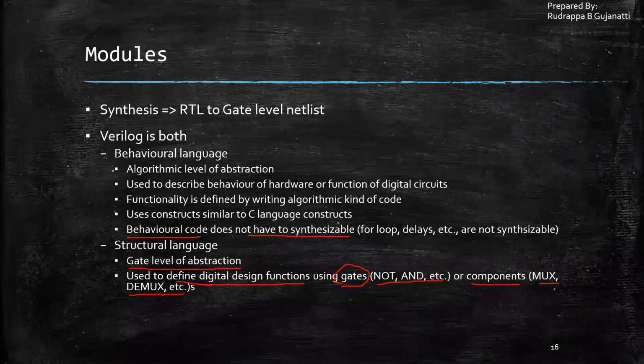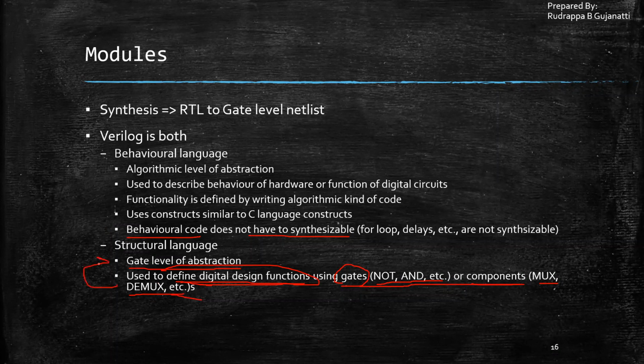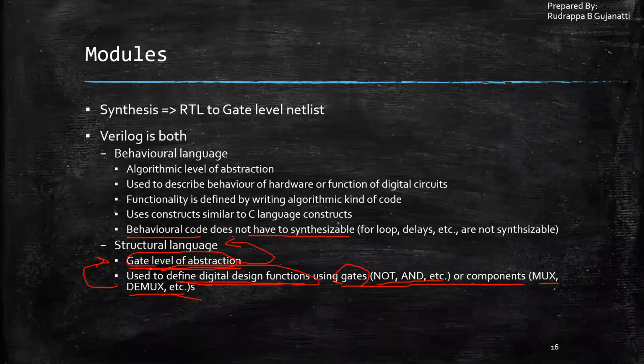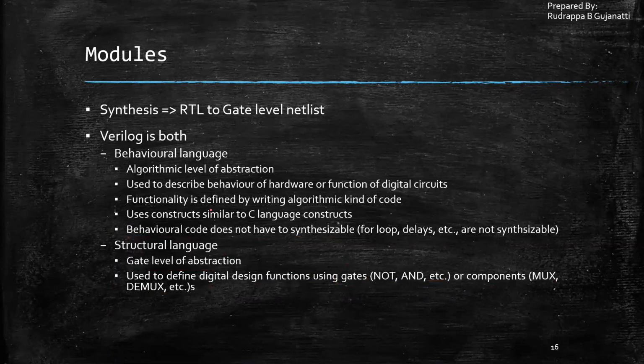So in order to define design specifications, I can make use of all these components. When I make use of such components, it is actually a gate level implementation. Whenever I am using gate level abstraction, we term it structural form. That's why we sometimes term gate level abstraction also as structural level abstraction.